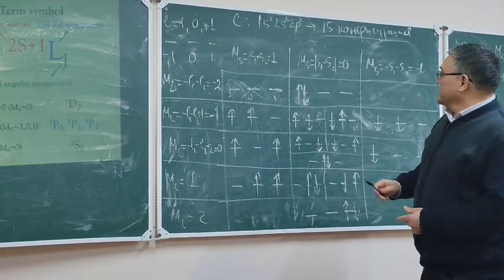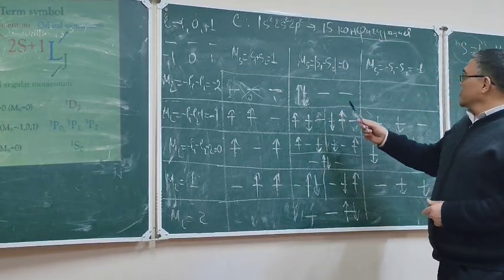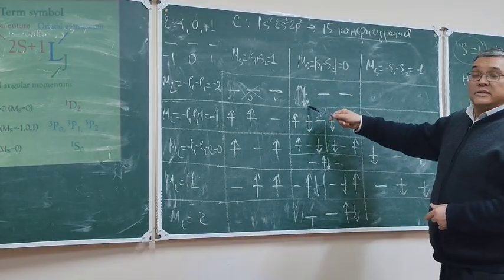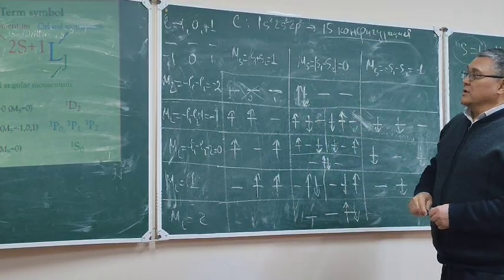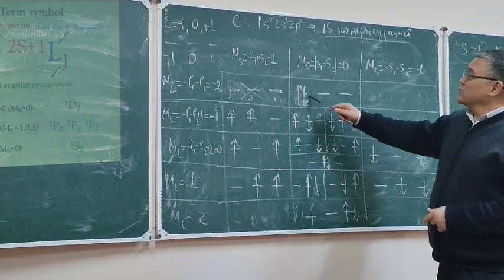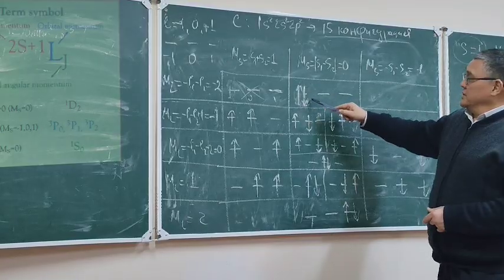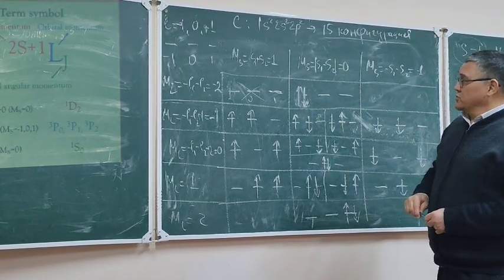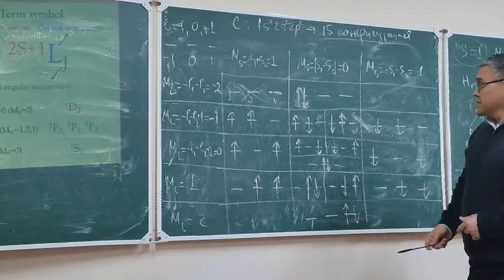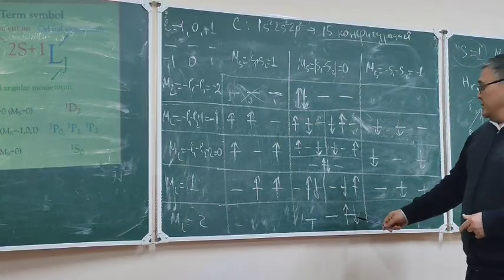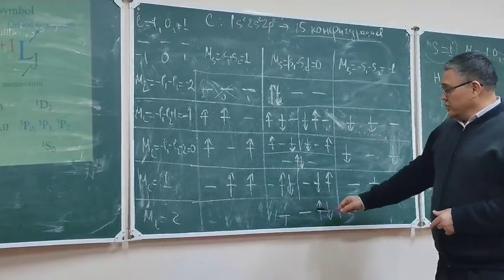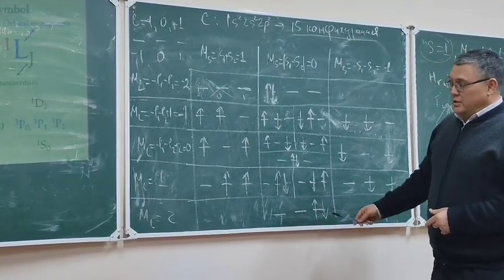Now I put here the configurations. For the configuration when we have MS equal to 0, these 2 electrons have to have opposite values of spins, and we can put them here on L equal to 1, in this case giving ML equal to 2, and similarly ML equal to -2. So in the case of ML equal to 2, these 2 electrons we have to put on this orbital L equal to 1.